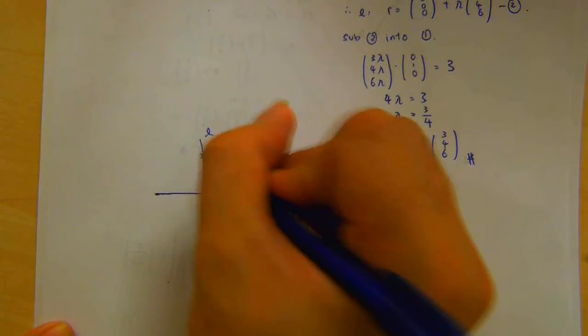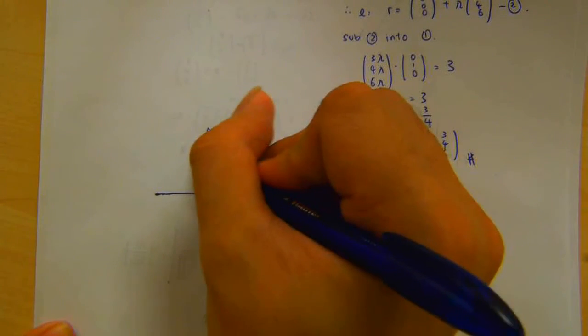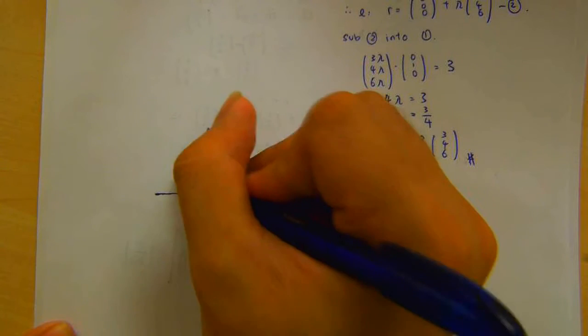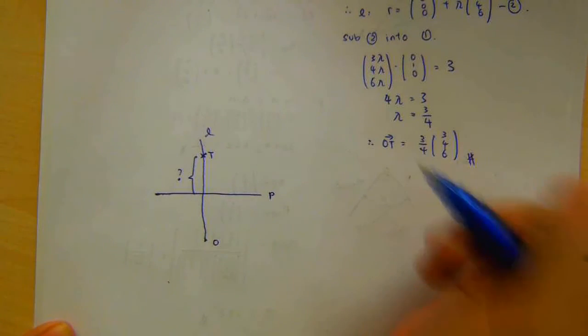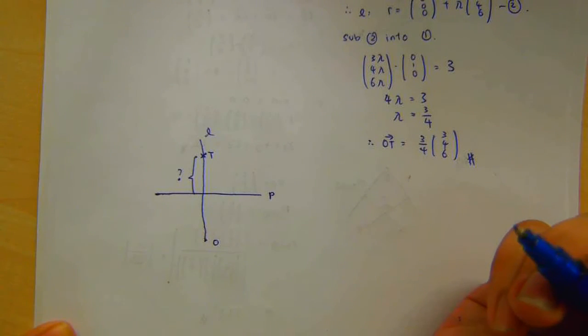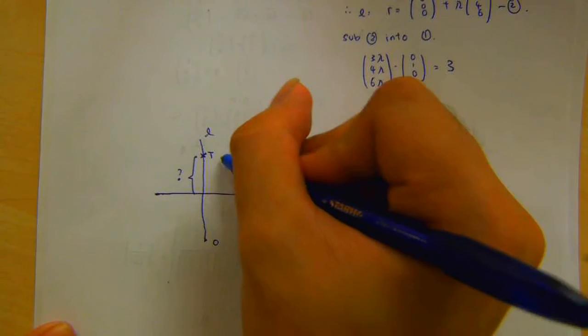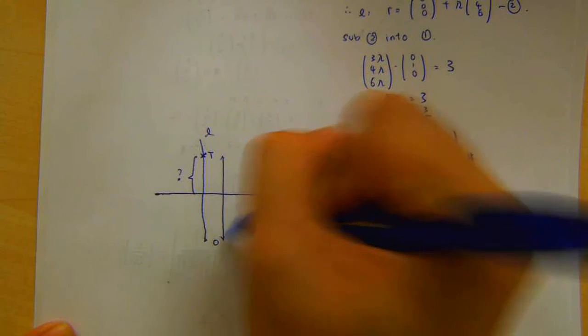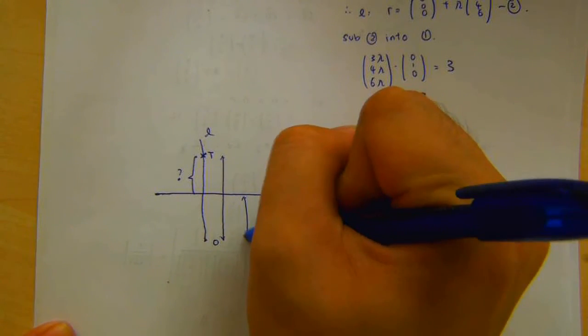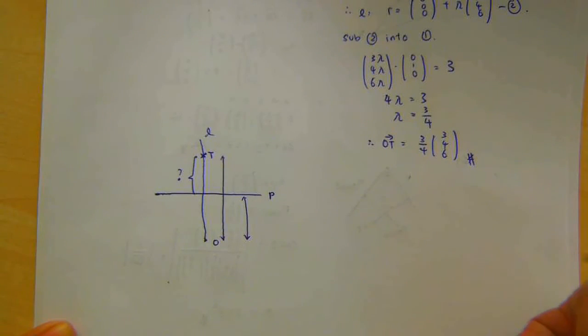Point T is somewhere here. What we need is actually the distance between T and P. To get this, we can simply use the distance from T to the origin to subtract away the distance from plane P to the origin.